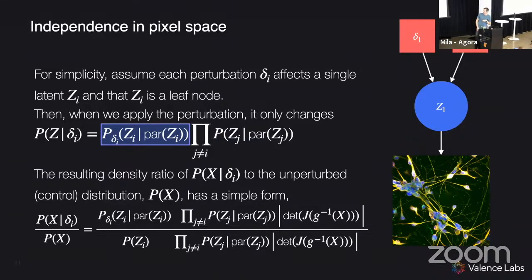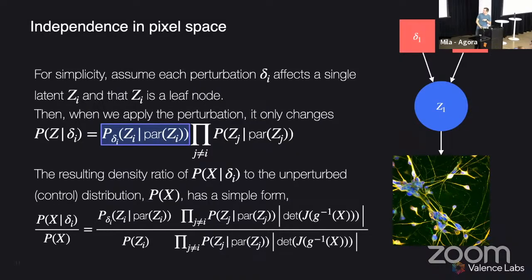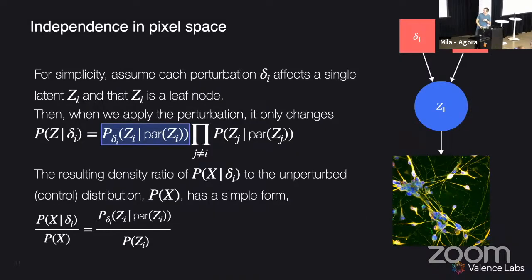This is just literally writing out the change of variable formula, and all of this stuff on the right here is going to cancel, right? Because that's all the same. And so all you're left with, the change in distribution that you're inducing with a perturbation, is just a function of the latent variable that you've perturbed, and nothing else under these assumptions.